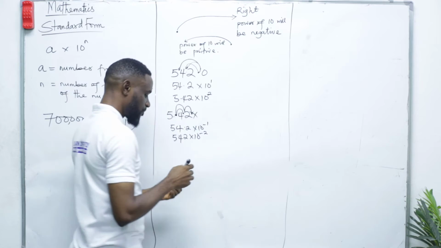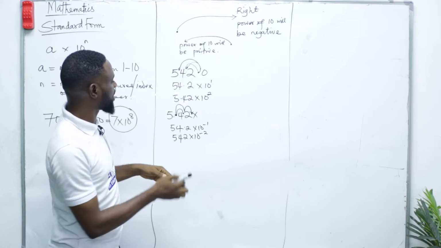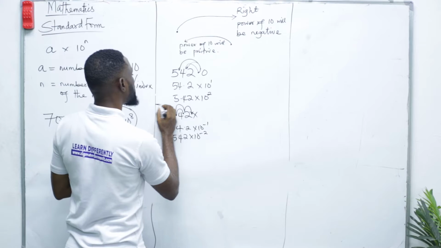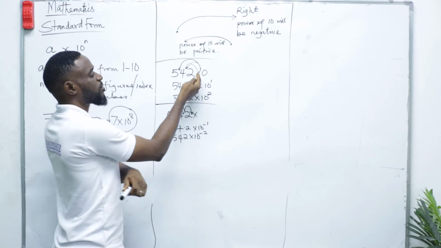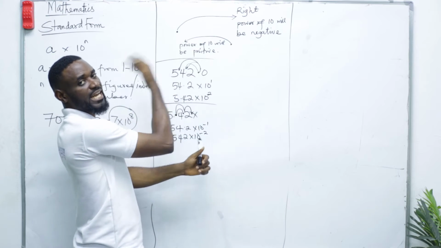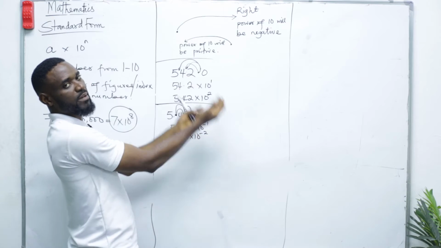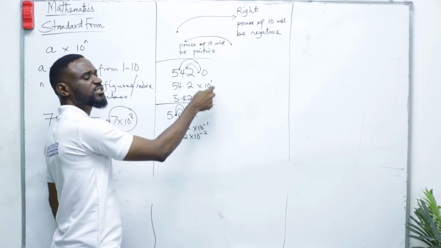Do you get that now? That is why when we had something like this here, remember we had two scenarios. When the point went back to the left, or backward, the power of 10 is in positive notation.